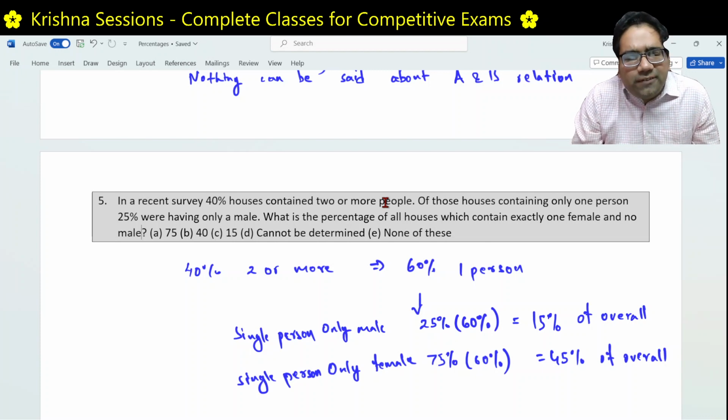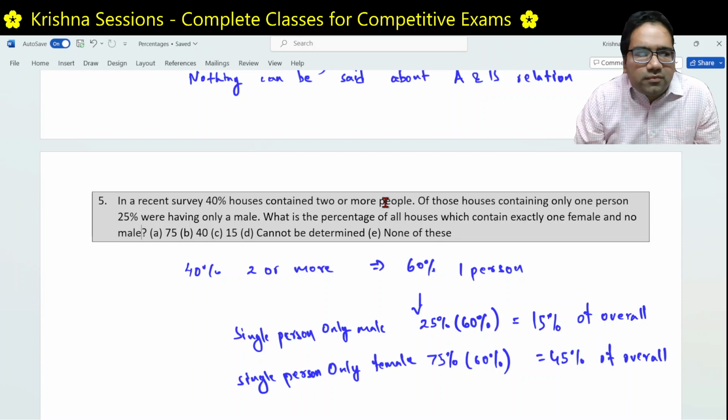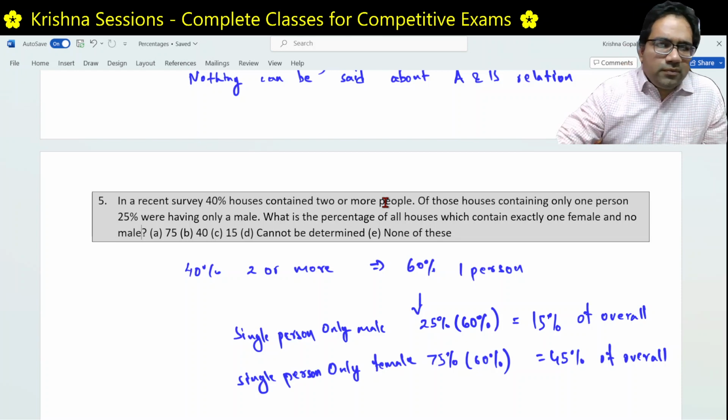Of the 100, 15 families are only male. What does that mean? Of 60 families, 15 are only male. What does that mean? Only female will be 45. Of the 60, only female will be 45, right?